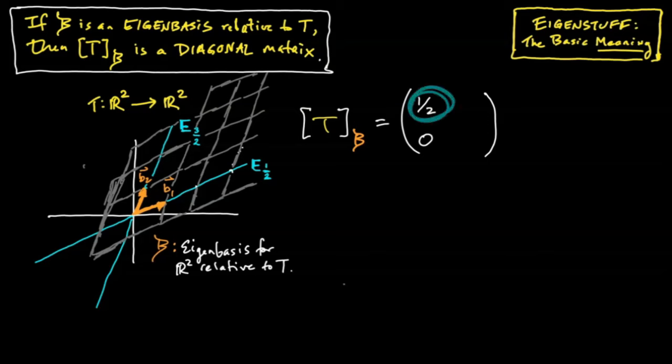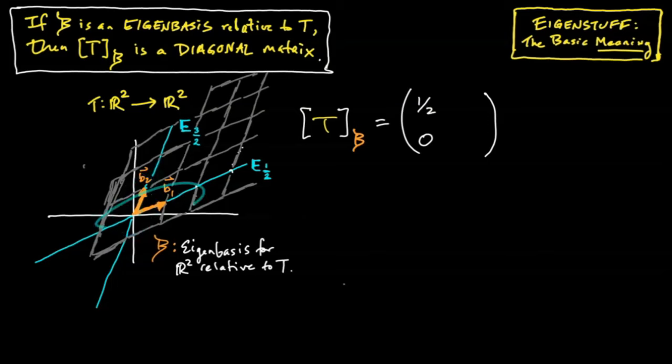And you should see how this worked out. We only get a non-zero entry in the first slot because to get to the image from the origin, we only travel in the direction of the first basis vector because it's merely getting scaled by T. Same thing's going to happen in the second column, except only the second slot can have a non-zero entry. Because what goes here? Well, it's the image of that second eigenbasis vector after it's mapped by T, which is going to take it to 3/2 of what it was before.